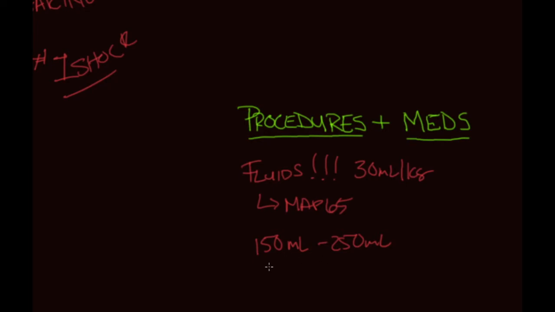So get the person on end tidal, see where they're at, and then give them a bolus of about 150 to 250 milliliters and look for signs of increased perfusion. Does their end tidal go up? Do we have an increase in MAP? And do we have warm extremities, better capillary refill, increase in color, or mental status? If this is working, keep on the fluids. If not, don't be afraid of vasopressors.